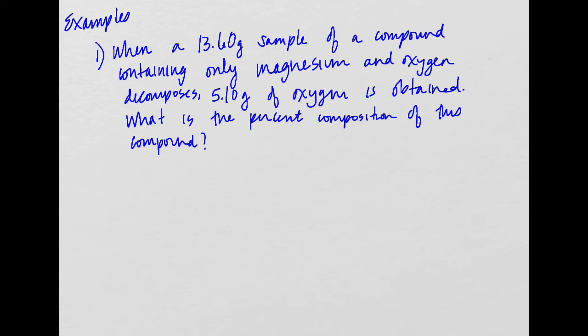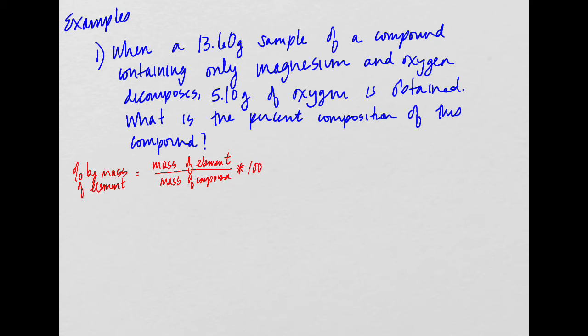So when we're given all of this mass data, remember that in order to find the percent composition or the percent by mass of an element, when we're given mass data, we're going to do the mass of the element in question divided by the mass of the total compound multiplied by 100.